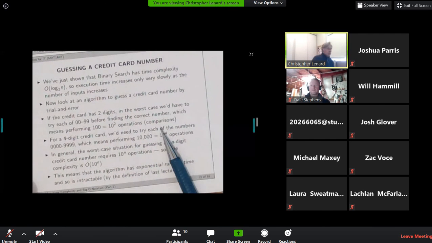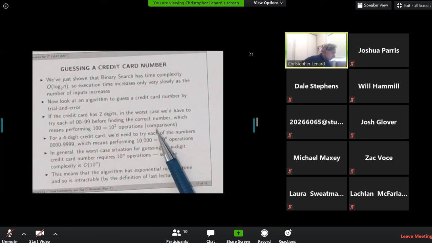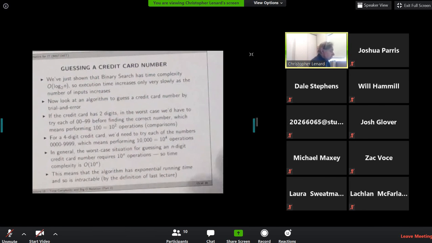If I ask you, just guess the credit card number. Now, a credit card number usually has 16 digits, so 4 groups of 4, I think. If you had to guess it, or guess a PIN number, think about guessing a PIN number.